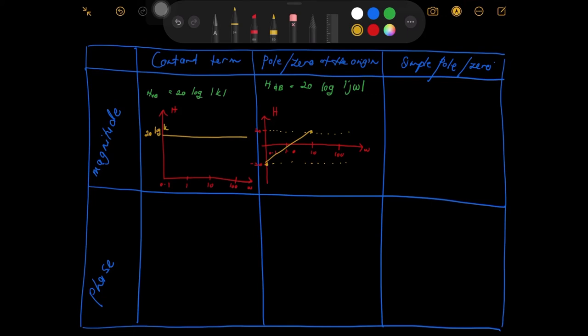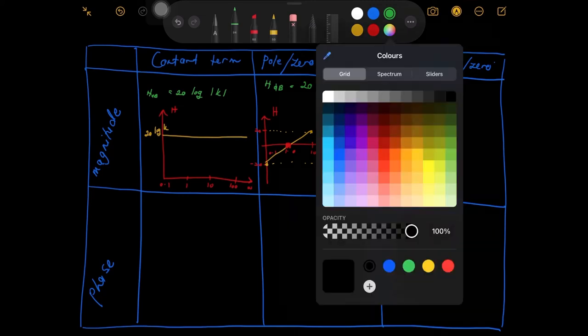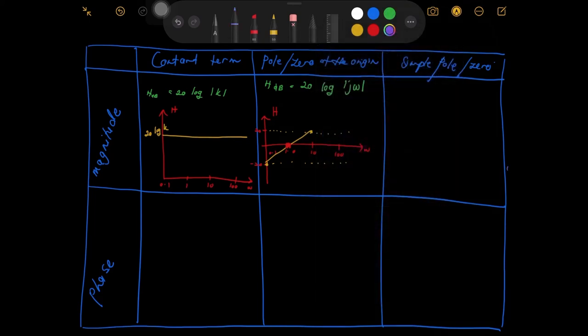The representation is that 0.1 will be at -20 decibels, then 1 will be at 0 decibels, and then 10 will be at 20 decibels, and you just draw a straight line through them. If you have -20 log j omega, the line will go down.